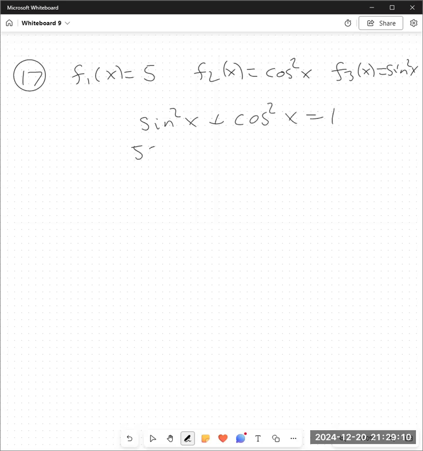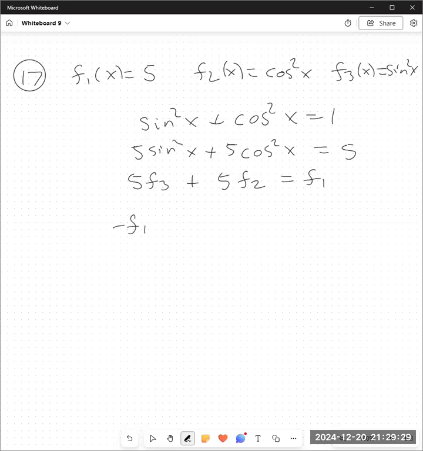I can have 5 sine squared x plus 5 cosine squared x is equal to 5. So 5 times f3 plus 5 times f2 is equal to f1.